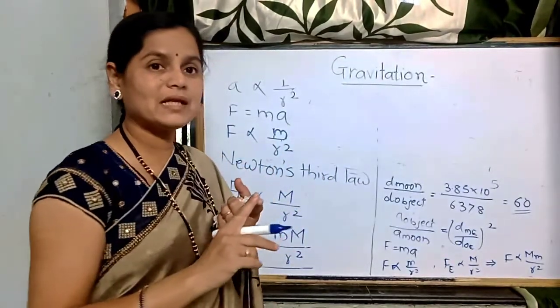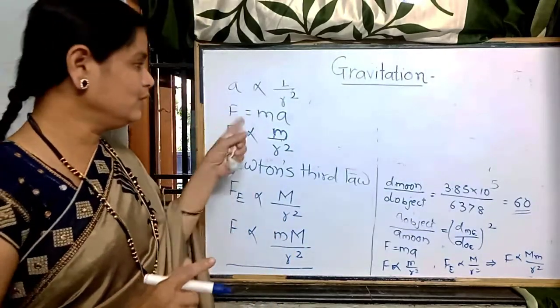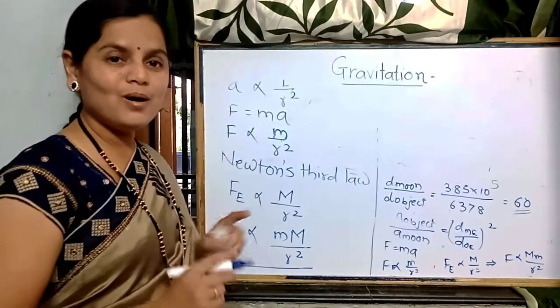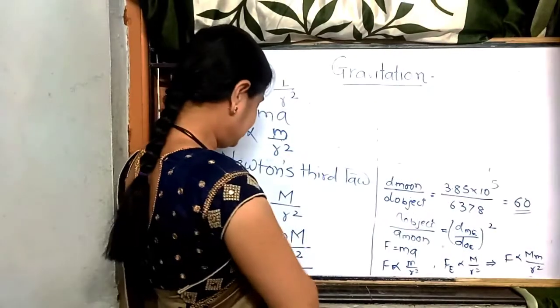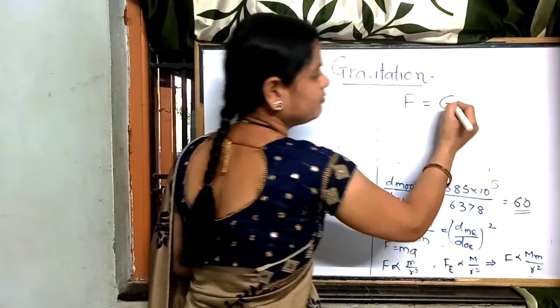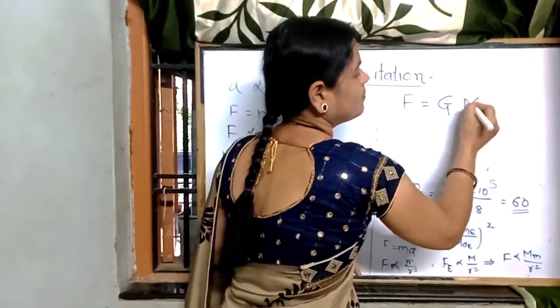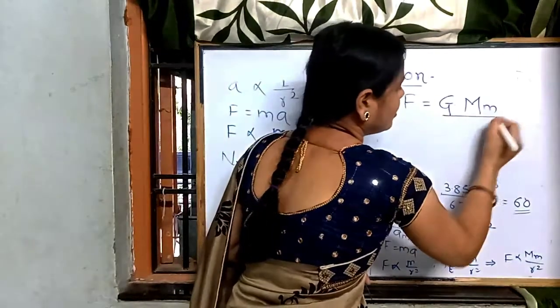So from the motion of the moon towards the earth, Newton found out the law of gravitation, and this is equal to, we can write, F is equal to, the constant of proportionality is G, G M m upon r square.